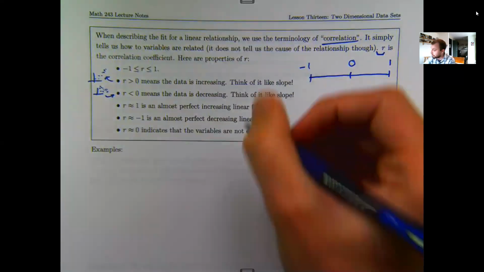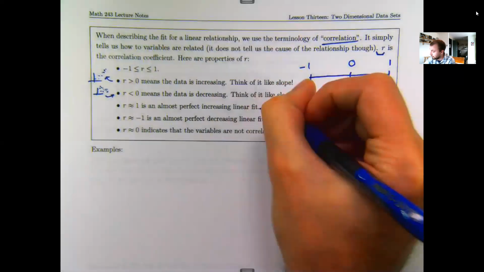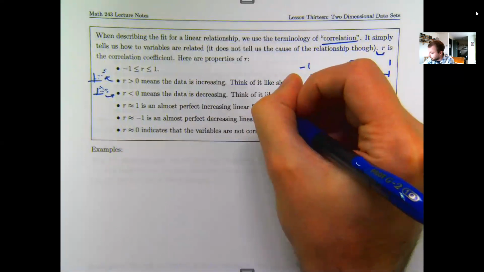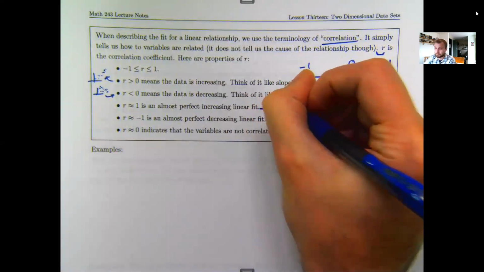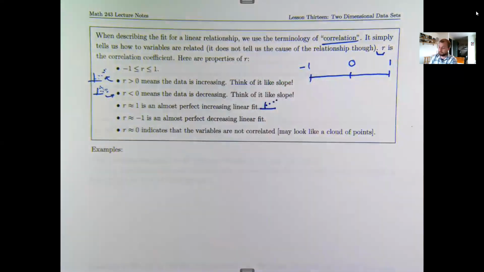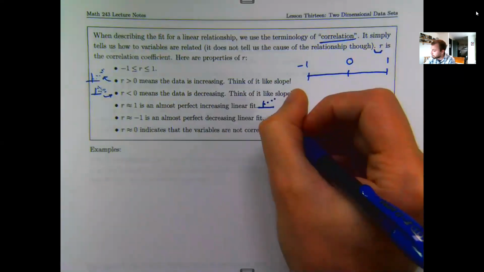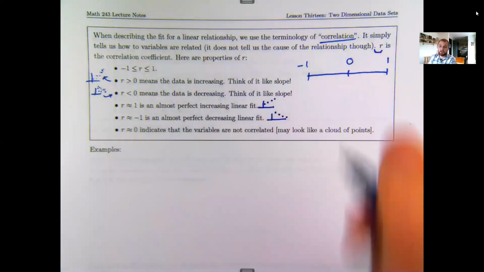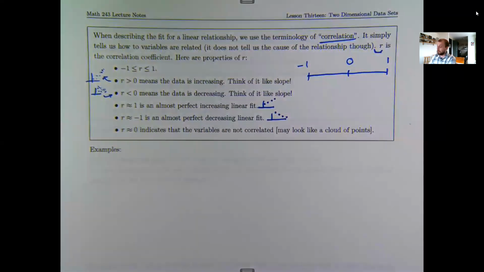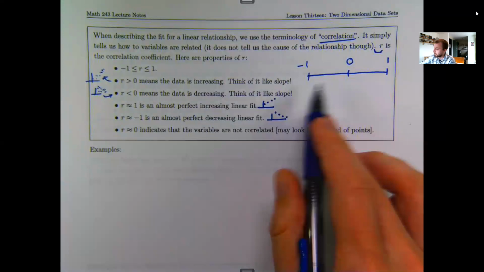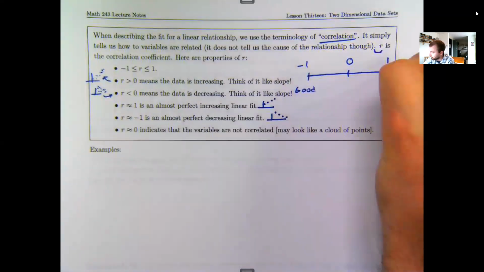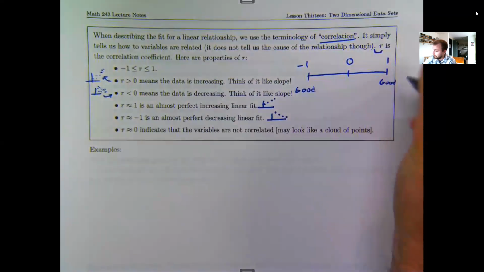If your R is close to +1, that's positive, so it's increasing, and close to 1 means it's almost perfectly linear. Likewise, if your R is close to -1, it's also almost perfectly linear, but that's decreasing. So this is kind of a spectrum where both -1 and +1 are considered good.